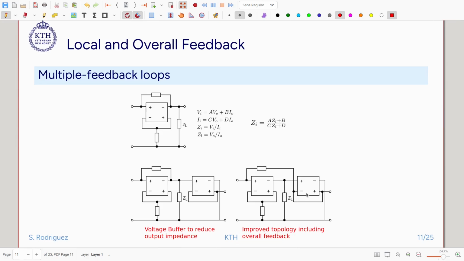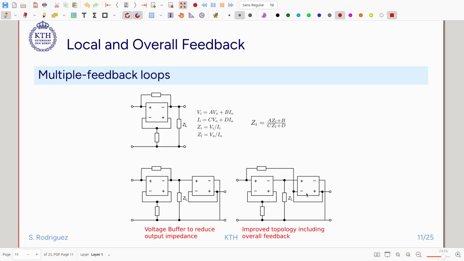Okay, so we go forward. Something also very important is that we can have different feedback loops. Most of the time in this course we are designing an amplifier with a single loop, but we can also have situations in which you have multiple feedback loops.